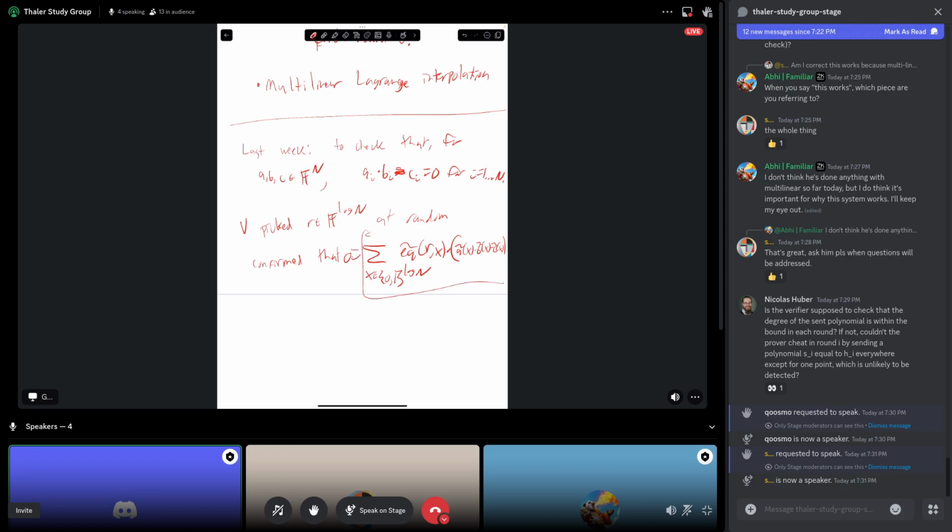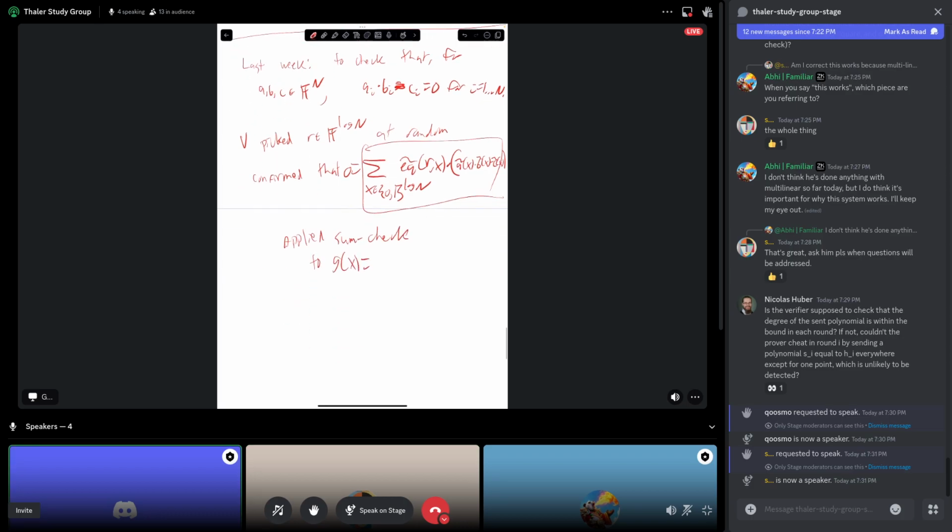So it applied SumCheck to the polynomial g of x equal to what's inside this sum: EQ twiddle of r comma x times a twiddle of x times b twiddle of x minus c twiddle of x.